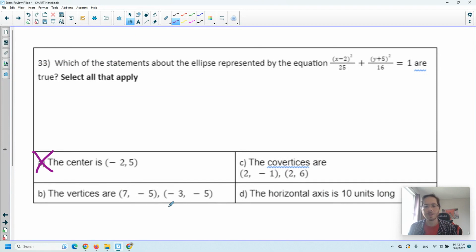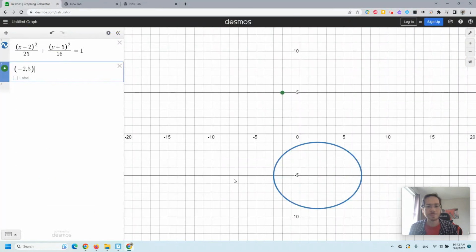Second one, the vertices are 7, -5 and -3, -5. So if we come down here, now we don't get all the gray dots. We get a couple. We get these two, but we don't get these two, which is kind of strange. That's all right. So these two we got are 2, -1 and 2, -9. These ones are going to be -3, -5 and 7, -5.